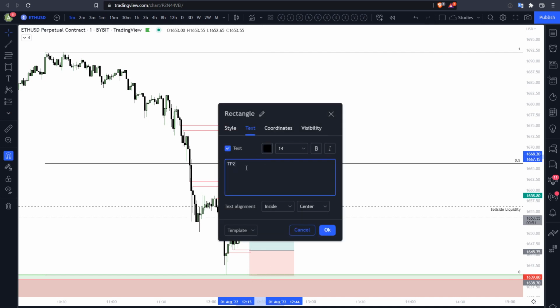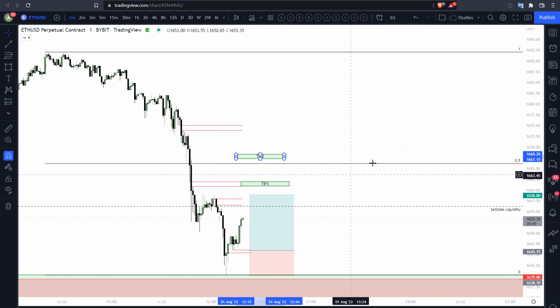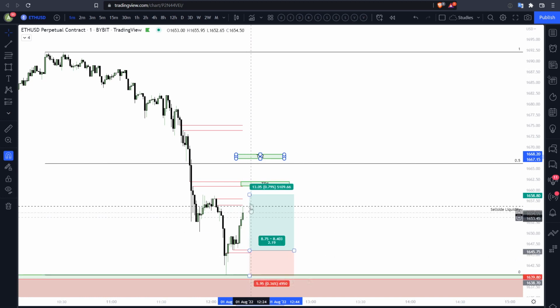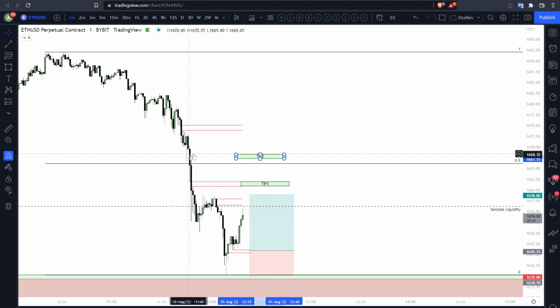The second take profit level would be to get to the 0.5 of the range from the high to the low, and to close this gap.